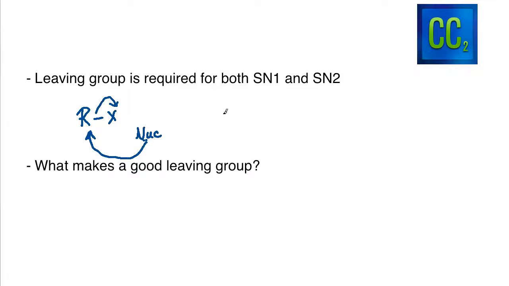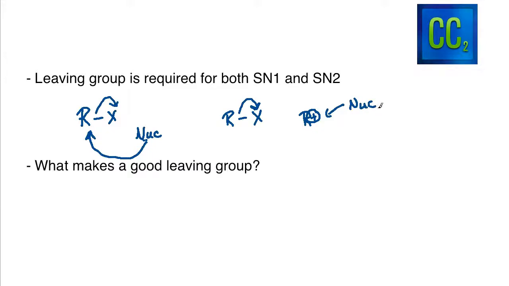And then the same thing is true, the mechanism is different, but the rate limiting step in an SN1 is going to be that we need the leaving group to leave on its own, and then we will leave behind a carbocation, and that carbocation will be attacked by the nucleophile.